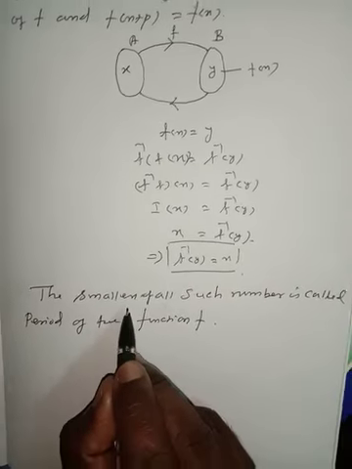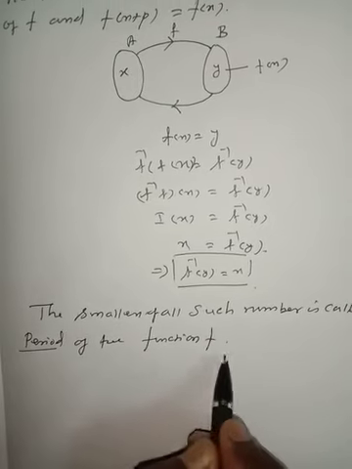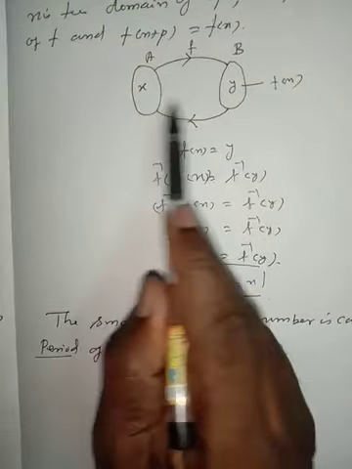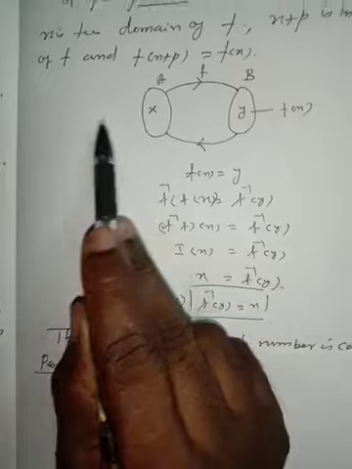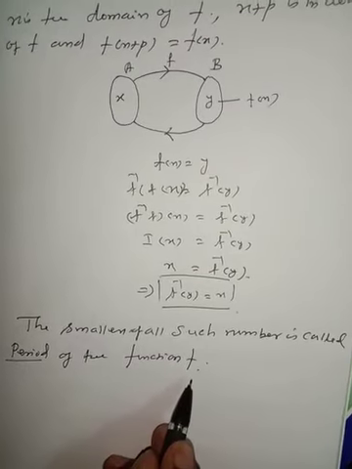The smallest of all such numbers, taken from set A or set B, is called the period of the function f.